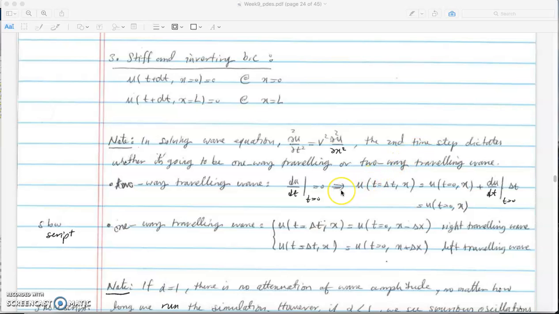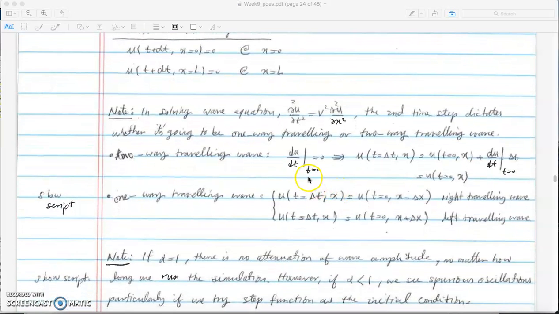And we discussed this last time, that in a two-wave traveling, the way to set up is when we set du dt equal to 0 at any point x in the second time step. If you assume that du dt is equal to 0, then any point at time delta t gets information from time 0 at point x. So anything at point x is going to be transferred to the same point x at time delta t.